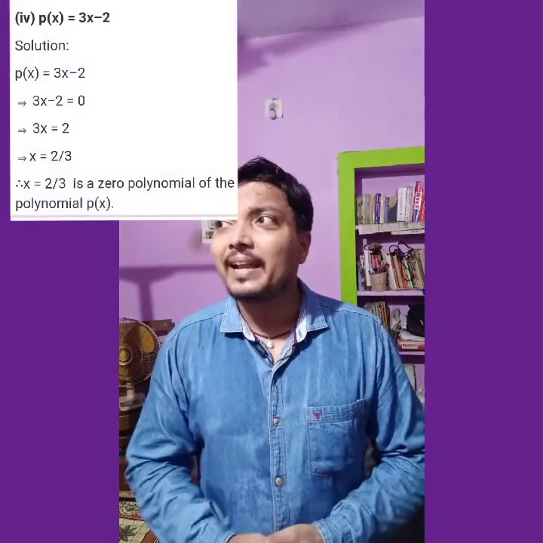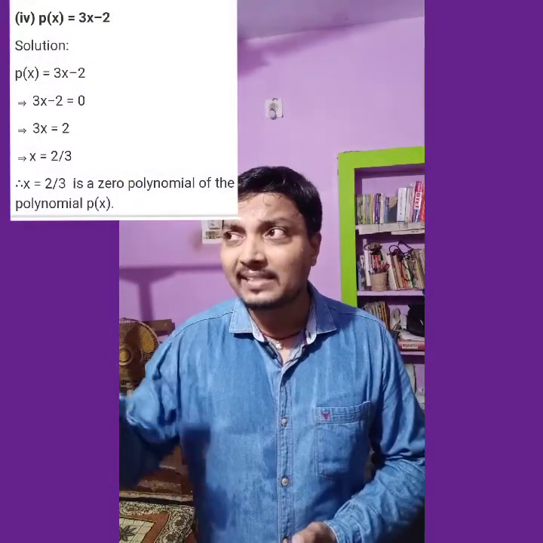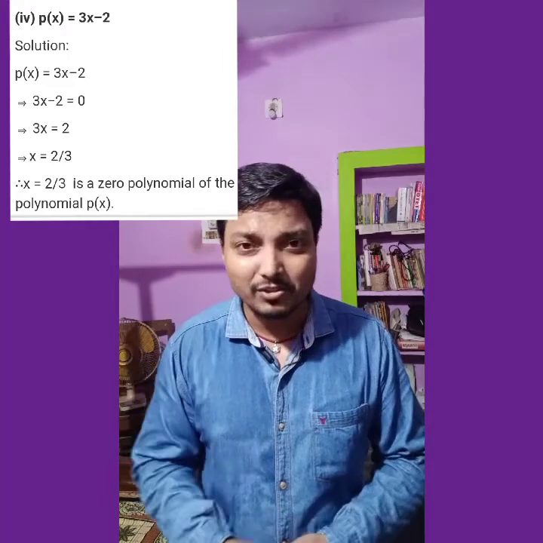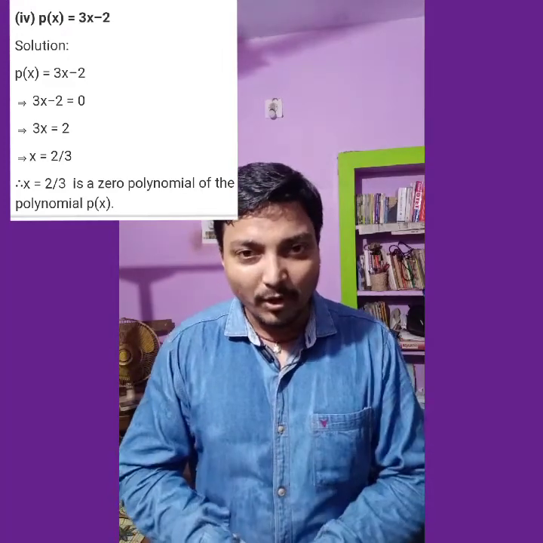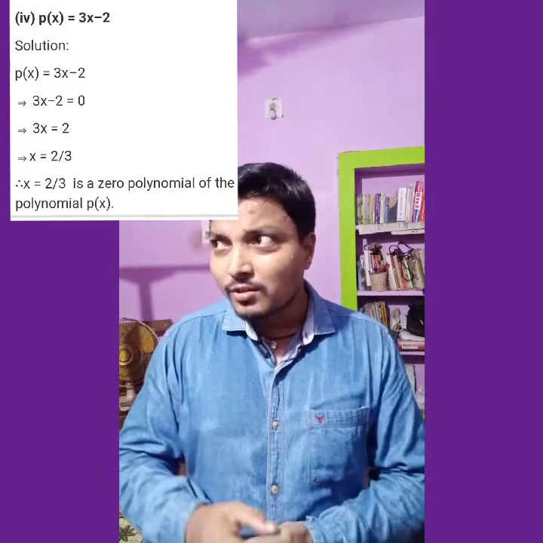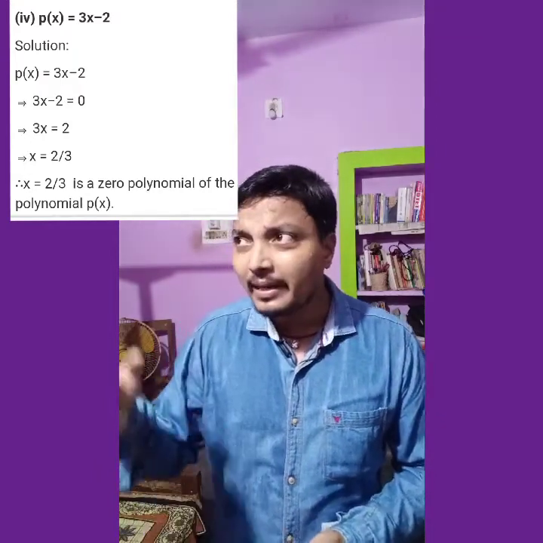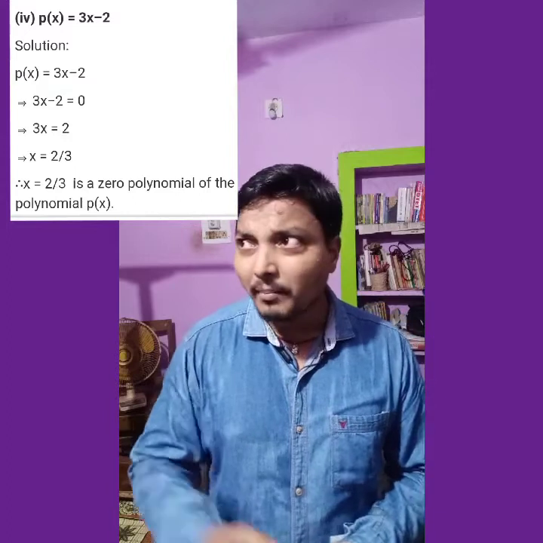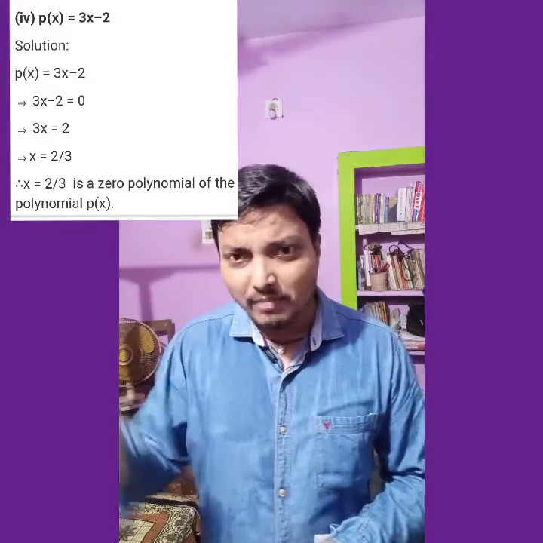Ready? Another polynomial is given: p(x) equal to 3x minus 2. To get the 0 of the polynomial we have to equate the polynomial to 0. So equating the polynomial to 0, an equation is formed: 3x minus 2 equals 0.